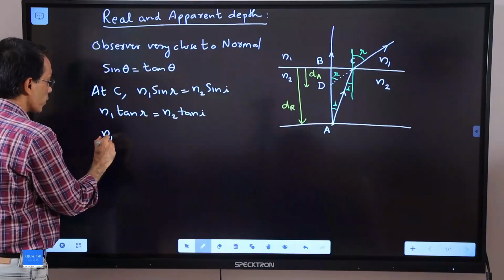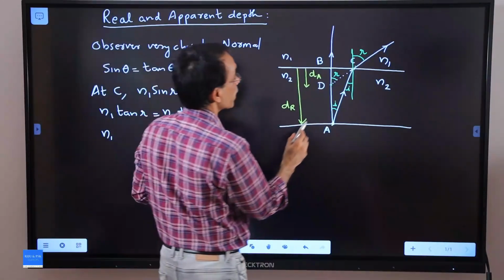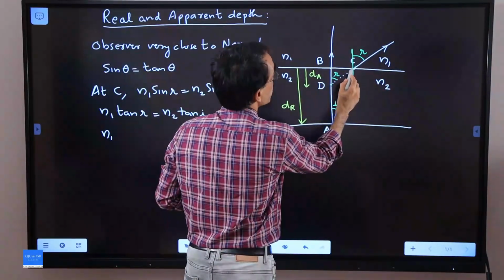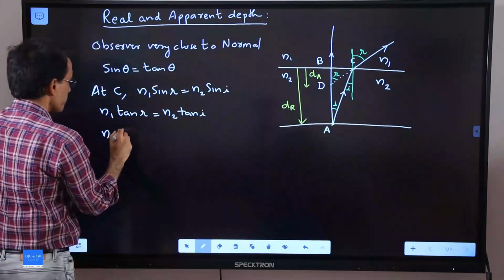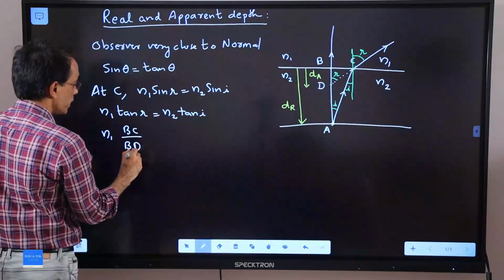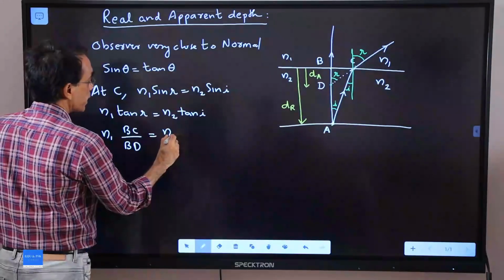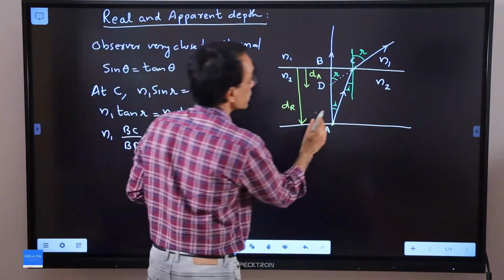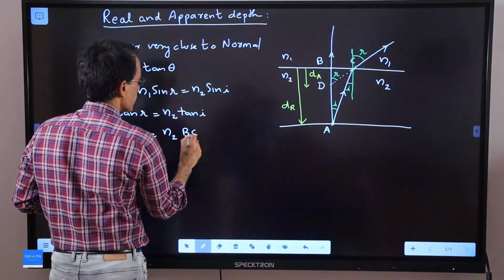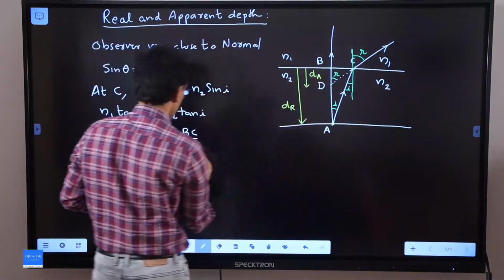So what is tan R? This is tan theta, this is R. Tan R is the opposite side BC by BD, and that equals N2 tan I. What is tan I? This is I in this triangle, that is BC divided by AB.